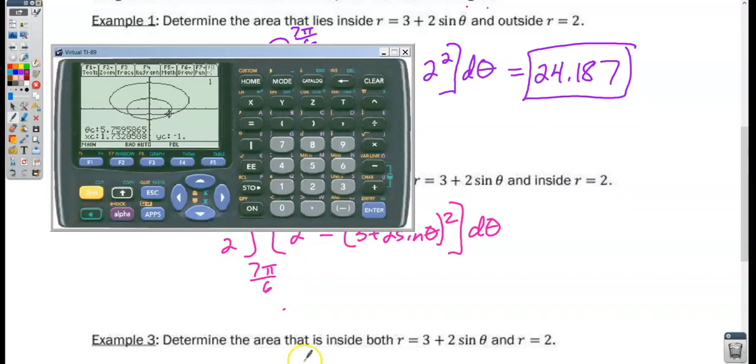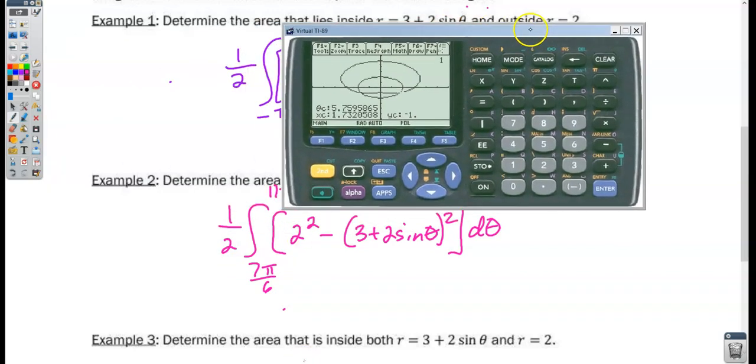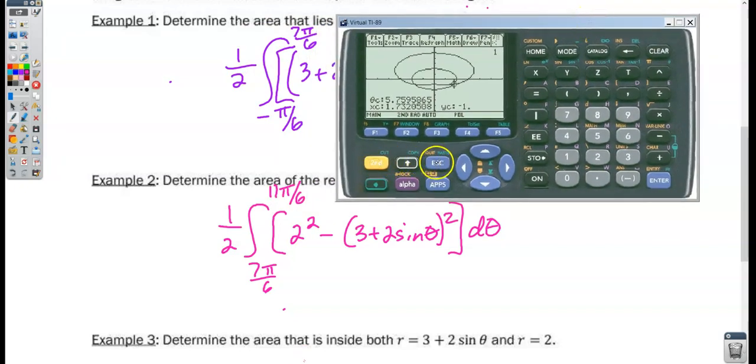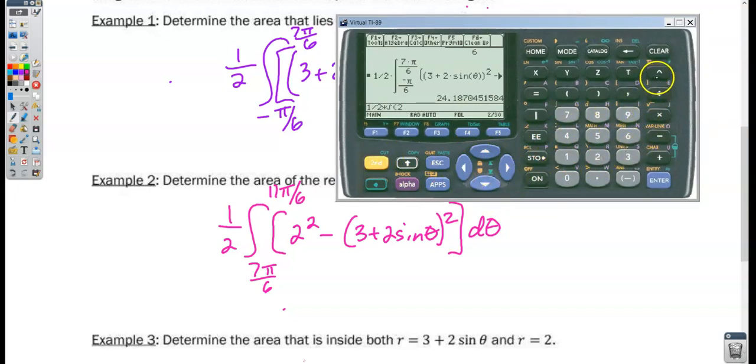Now let's go ahead and calculate the value of our area on our calculator. So we've got 1/2 times the integral of 2 squared. I guess I could just write 4 there instead of typing 2 squared, but I'm a creature of habit.